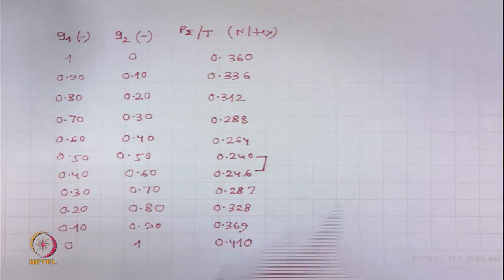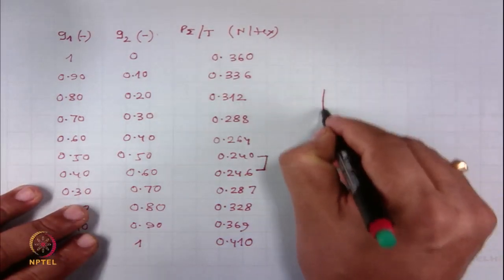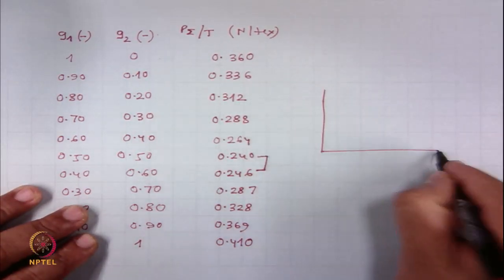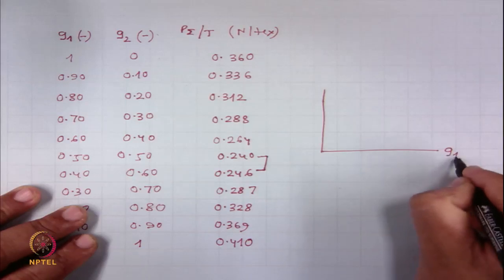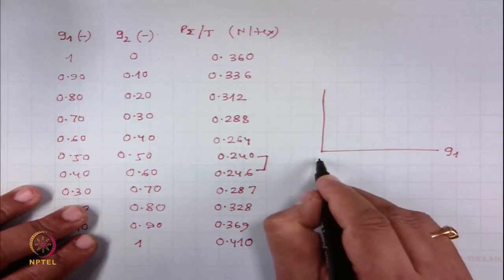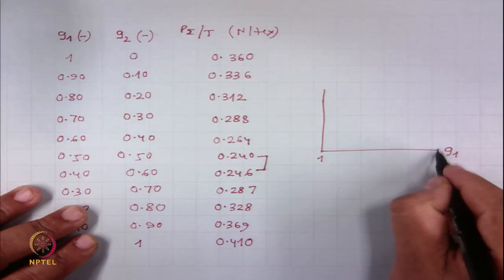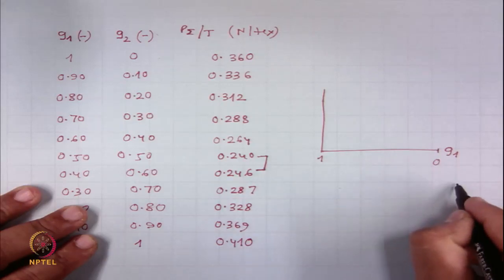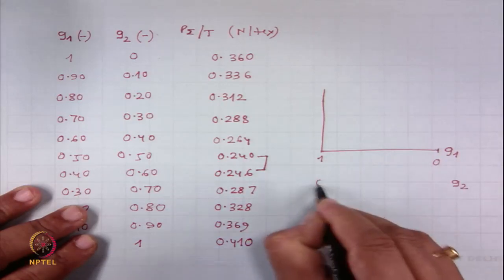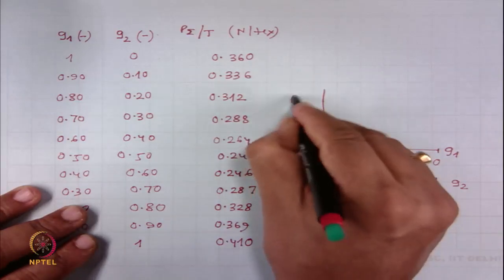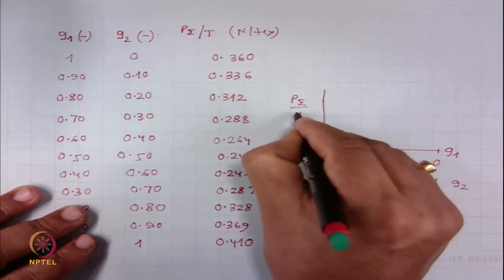So, the behavior schematically will be G1 say 1 0 here and G2 0 1 here, and this will be the bundle tenacity.